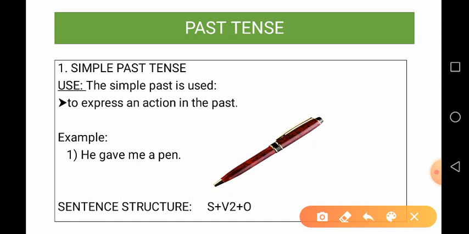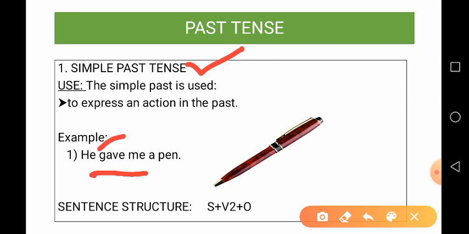Simple past tense is used to express an action in the past. That means an action occurred or happened in the past. Here you can see an example. He gave me a pen.